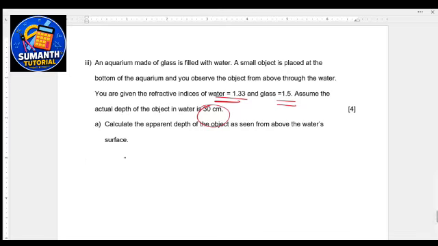You solve it. See here, use the formula mu equals C by V. That's it. Okay, sorry. You cannot use C by V. Oh, sorry. Mu is real depth by apparent depth. Sorry for my mistake. So we are going to use real depth by apparent depth. First, for water, it is given here.